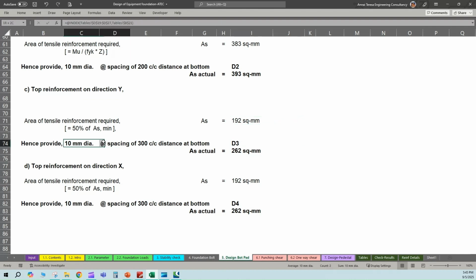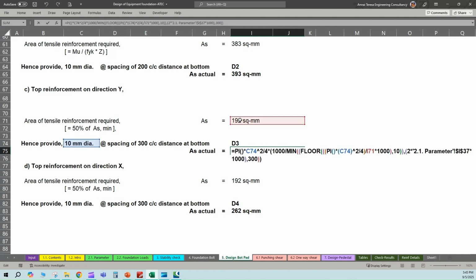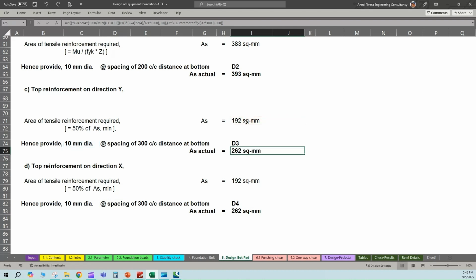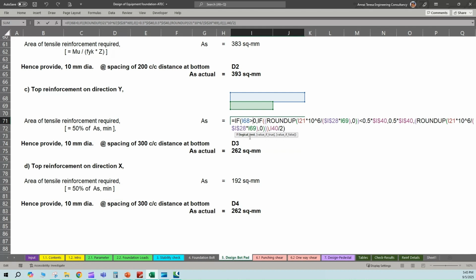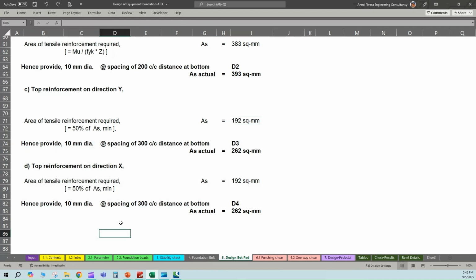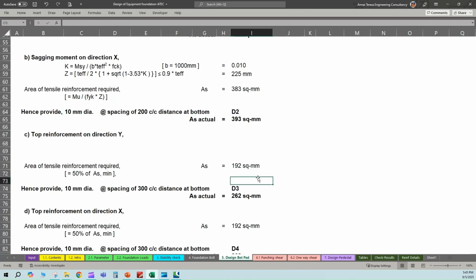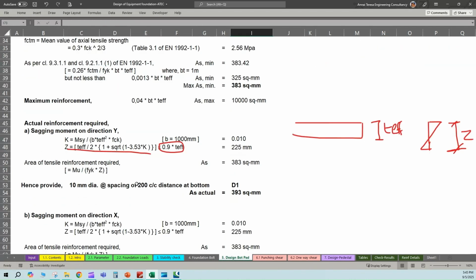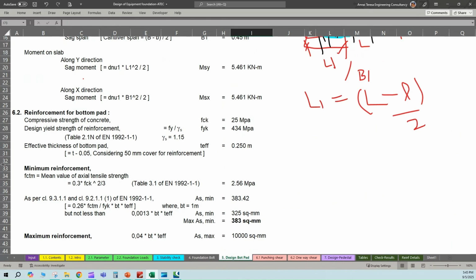By providing 10 diameter at 300 center to center distance, we have 262 square mm as actual reinforcement area, which is higher than the required 50% of the minimum tensile reinforcement. Then we can provide the top reinforcement in both directions as 10 mm at a spacing of 200 center to center distance, or else we can consider the same as the bottom reinforcement. So this is all about the design of the bottom slab.